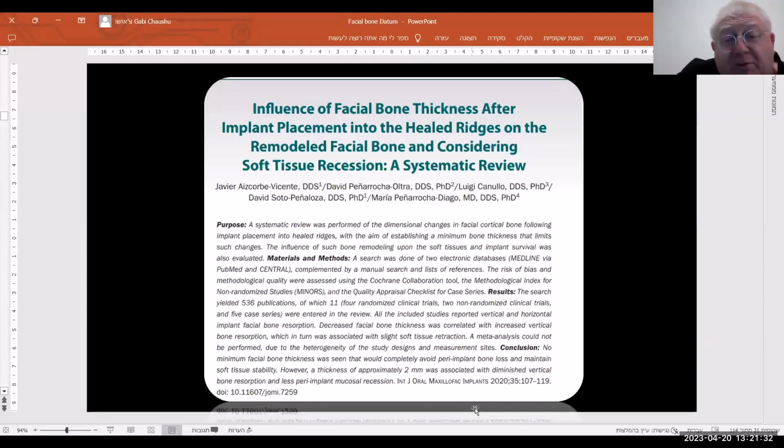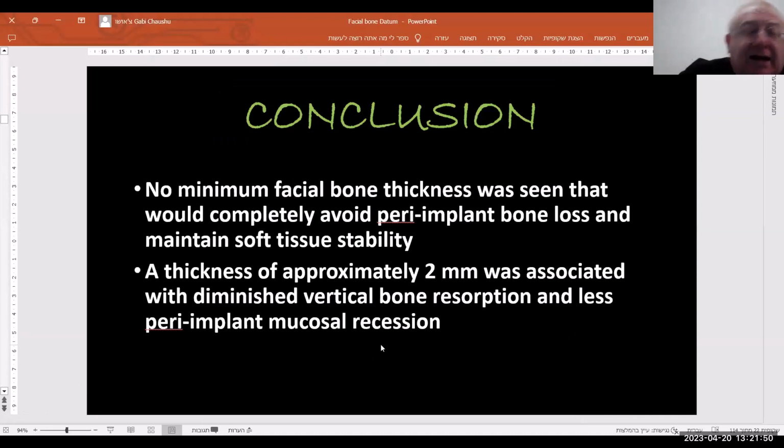Another review that was published 1 year earlier in IJOMI tried again to review the same issue, the influence of facial bone thickness on remodeling of facial bone and soft tissue recession. And again, their conclusion was quite similar.